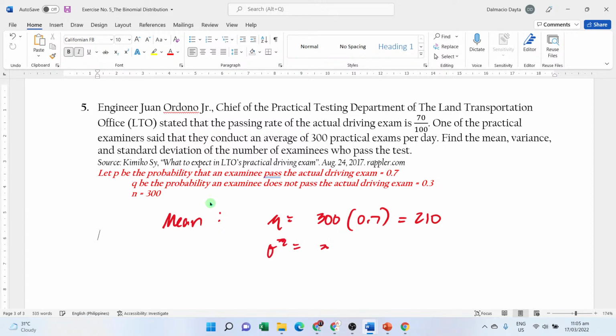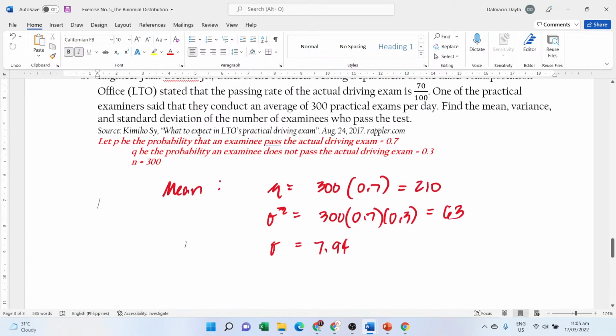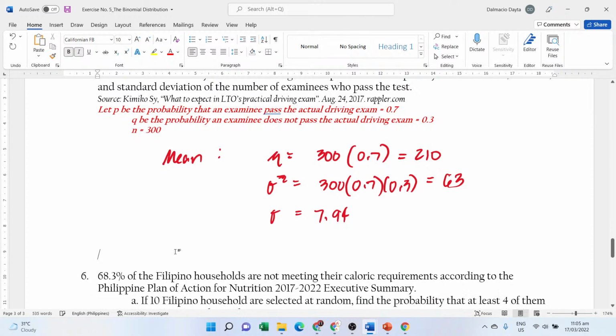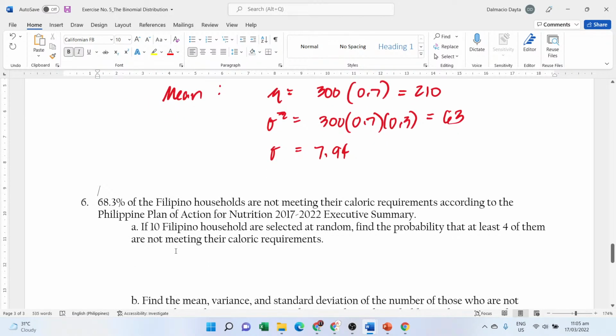Variance, again, the result for 300 times 0.7, just multiply it by 0.3. That will be 210 times 0.3. Standard deviation, square root of 60. You can round it off to two decimal places, 7.94. Bumilis tayo dito sa number 5. Okay, number 6.